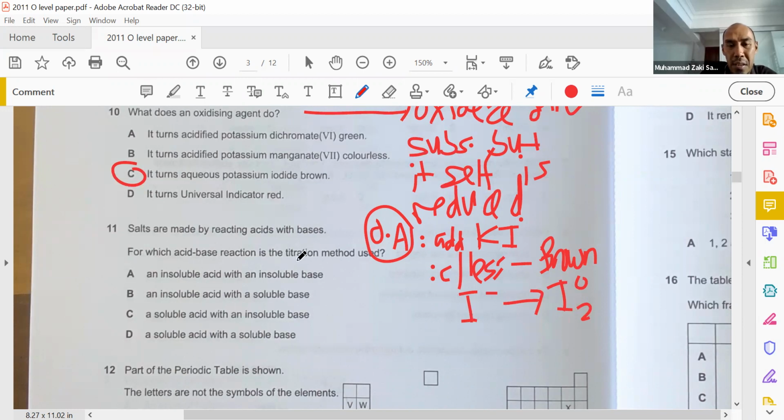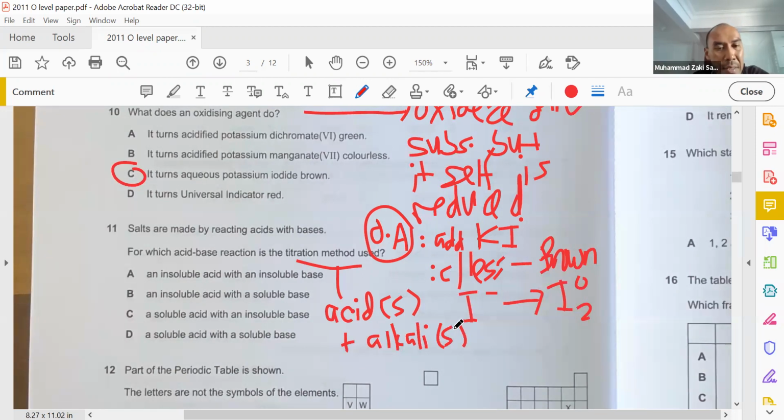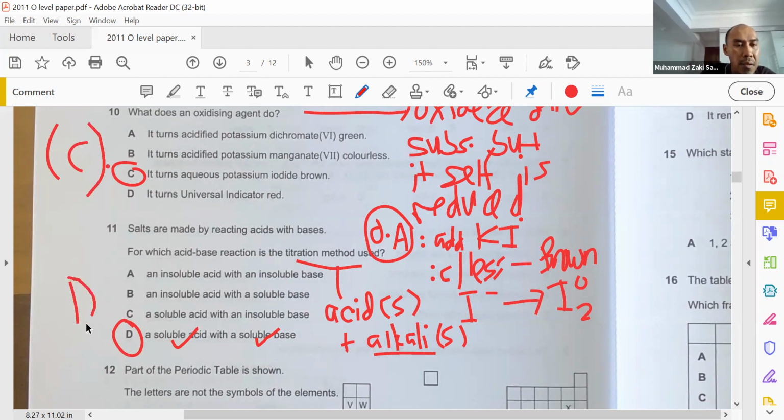Remember, for titration you must have an acid that is soluble in water, and an alkali that is also soluble. If you forgot, please go and revise. Since alkali is soluble, it should be a soluble acid and soluble base. So it should be D. So 10 is C, 11 is D.